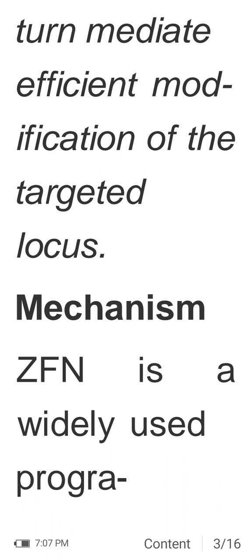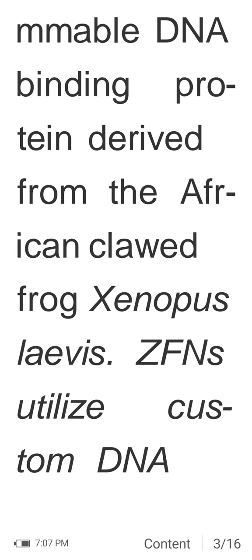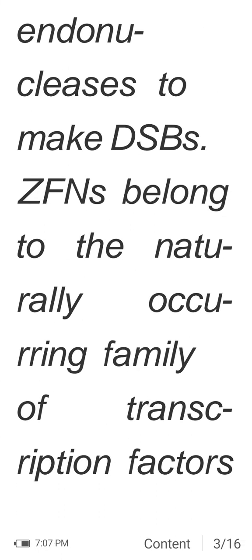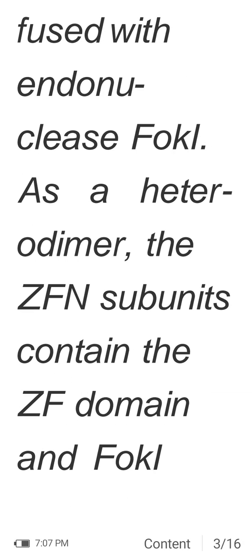Now, the mechanism. ZFN is a widely used programmable DNA binding protein derived from the African clawed frog Xenopus laevis. ZFNs utilize custom DNA endonucleases to make DSBs. So, ZFNs belong to the naturally occurring family of transcription factors fused with endonuclease FokI.